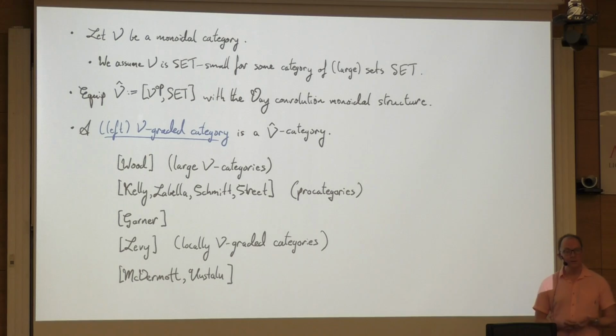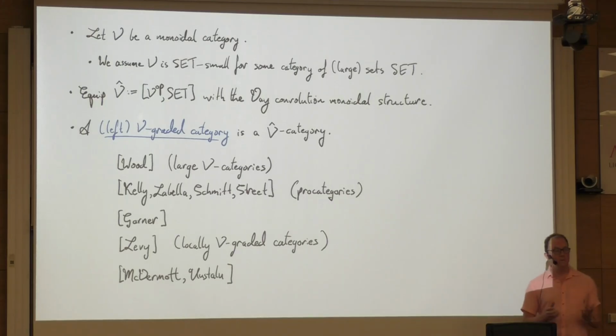But on the other hand, V-graded categories can also be regarded as more general than enriched categories, because V-graded categories generalize both V-enriched categories and also V-actegories, as we'll see in a moment. V-actegories play an important role in computer science, particularly in view of the role of strong functors in computer science, because these strong functors are lax morphisms of actegories.